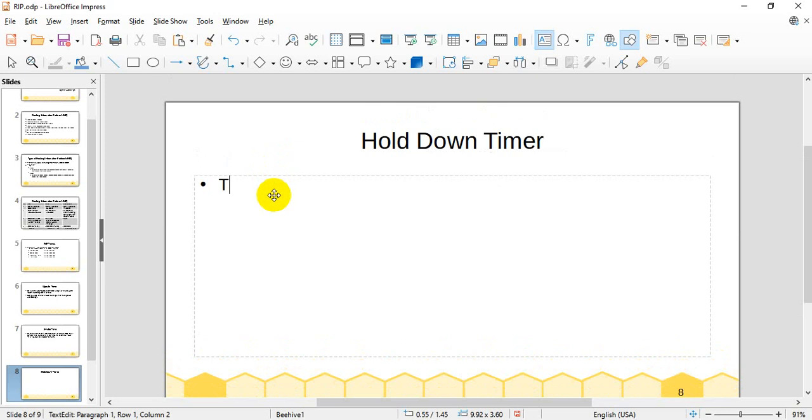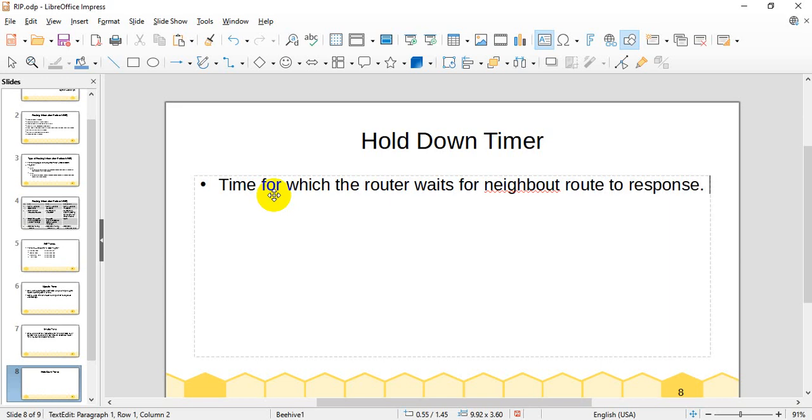So this is the time the router waits for each neighbor router's response.